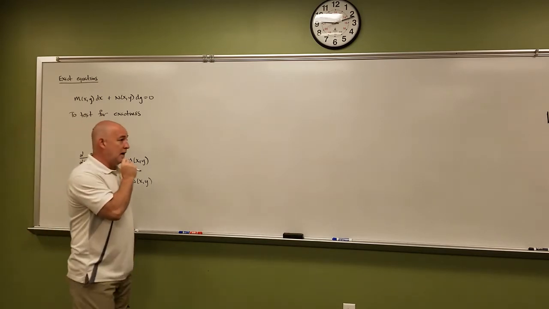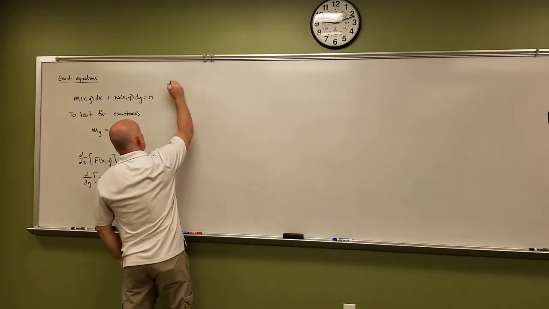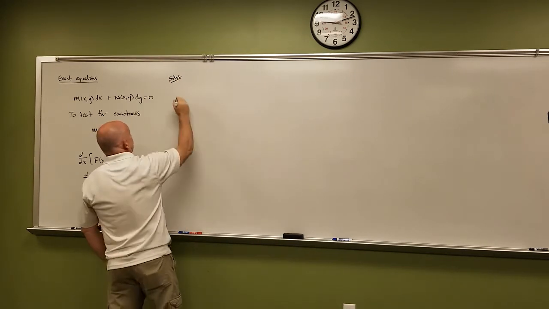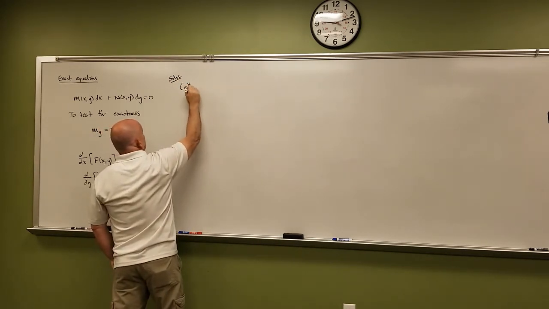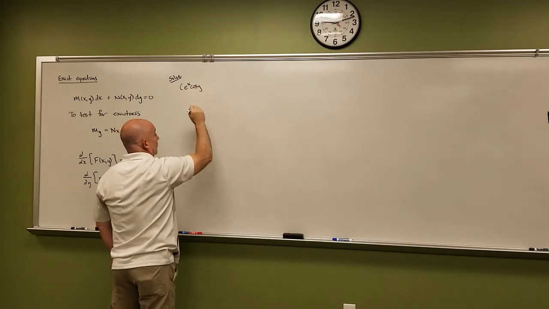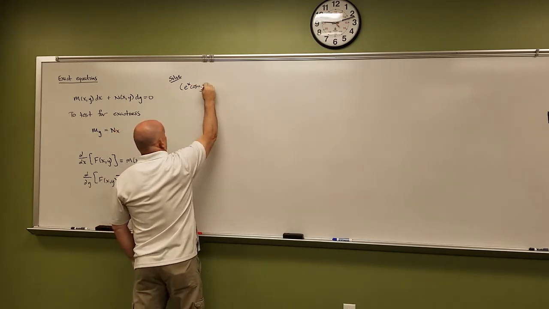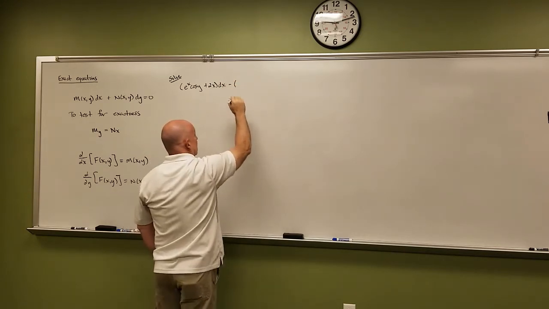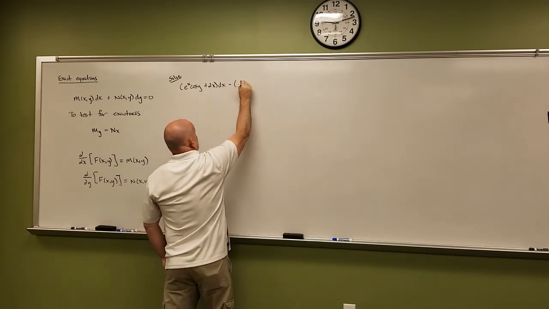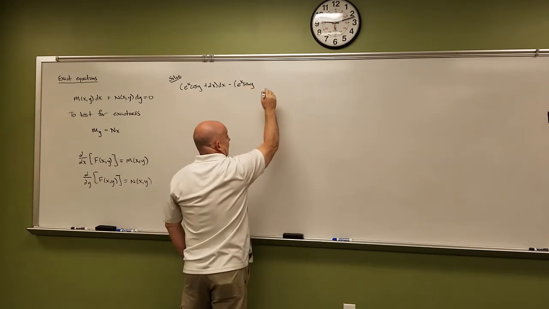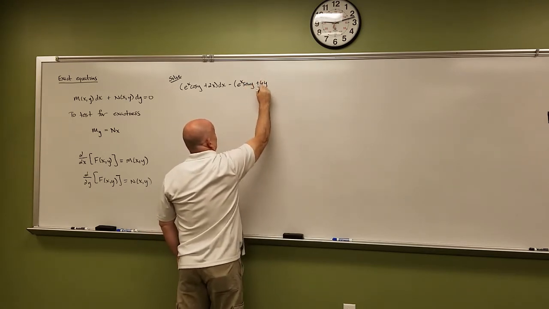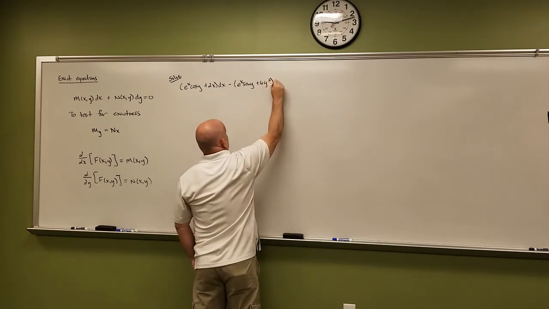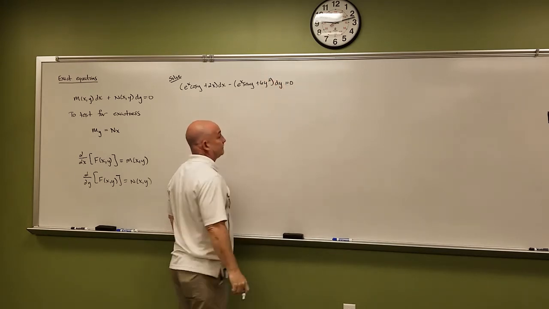Our directions here are just going to be solve. Let's take a look at an ugly looking one: e to the x cosine y plus 2x dx minus e to the x sine y plus 6y squared dy equals 0.